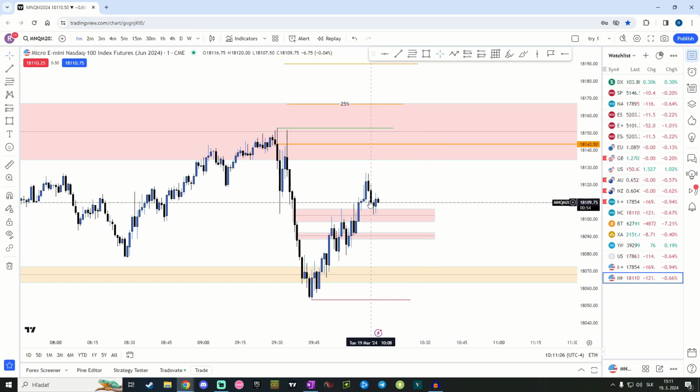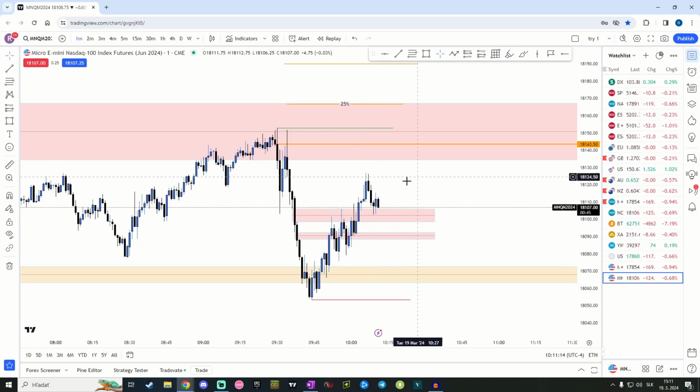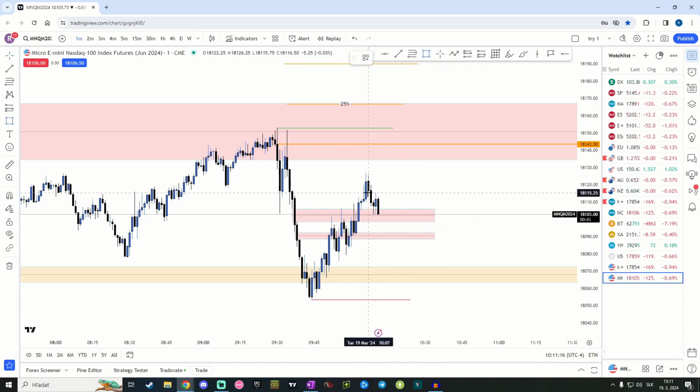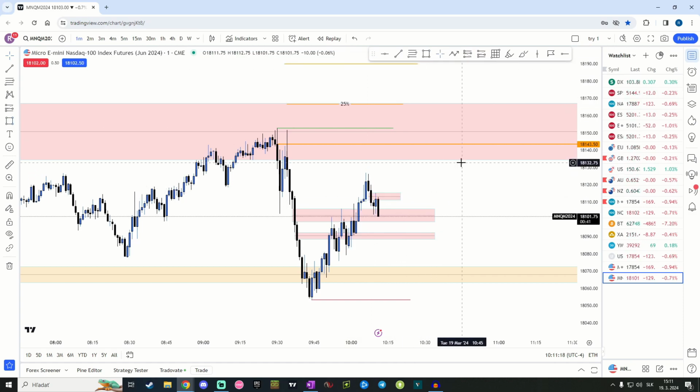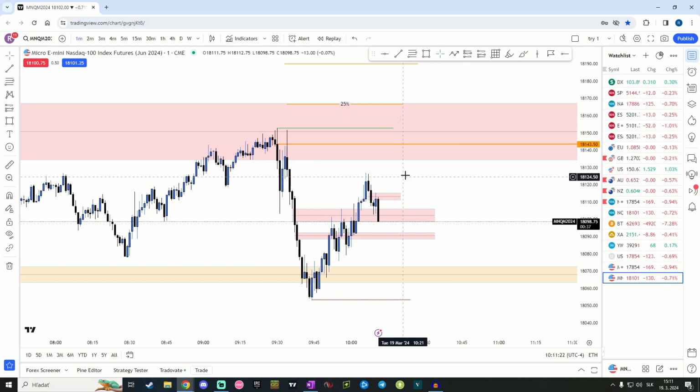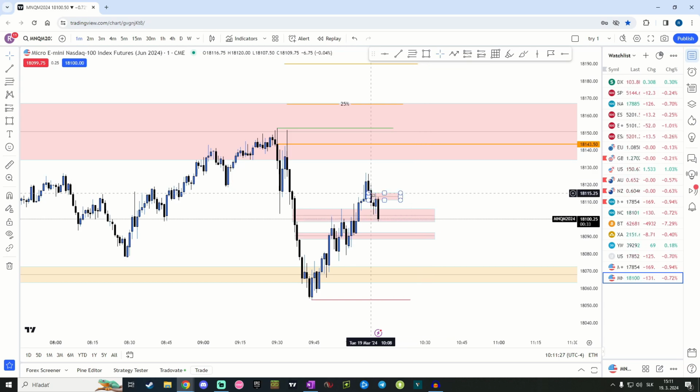So I would rather look for the opposite direction in case it's not going to respect those bullish signatures. So I would rather try to take a short here for a silver bullet trade at least. I think this one makes more sense rather than this fair value gap.